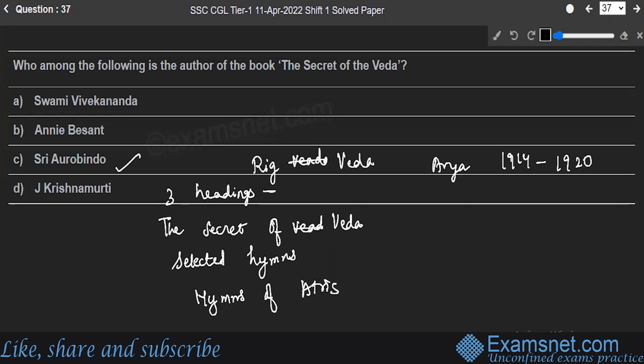Sri Aurobindo was an Indian nationalist, a freedom fighter, and a major Indian English poet, philosopher, and yogi. If I'm talking about Swami Vivekananda, he was an Indian Hindu monk, philosopher, and author. Annie Besant was a British socialist.